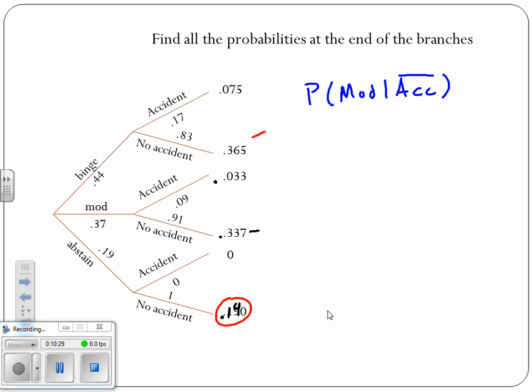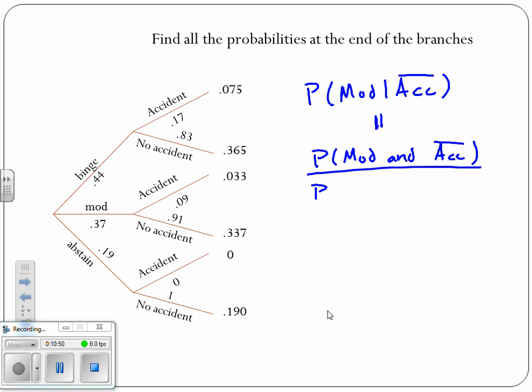So let me clean this up a little bit so we can see everything better. Okay. This would be the probability of moderate and no accident over the probability of no accident.